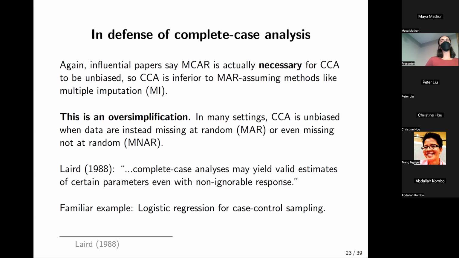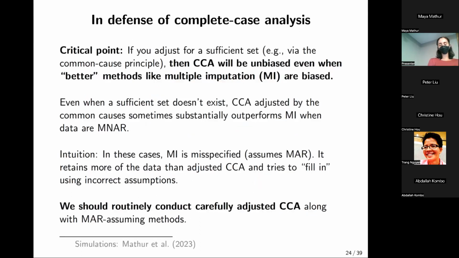Case control sampling is when we sample based on the outcome, and we use logistic regression because it will work even under that form of selection. So that's not missing at random. Now this is a very specific case that is specific to one link function. But the point is these concepts around sufficient adjustment sets work regardless of the estimand or the link function. So it broadens our view of what types of structures we might be able to handle with a complete case analysis.